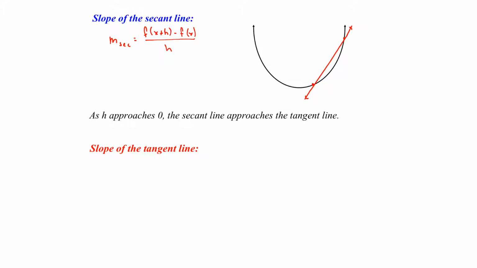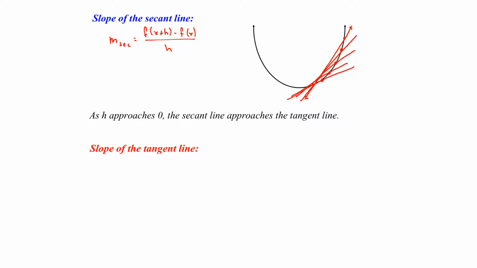What happens if we choose the point here, and we draw in another secant line? Or if we get a point here, and another secant line? And as we get closer to the point, what are we getting closer and closer to? We're getting closer and closer to the tangent line.